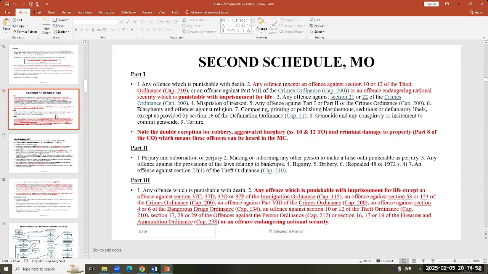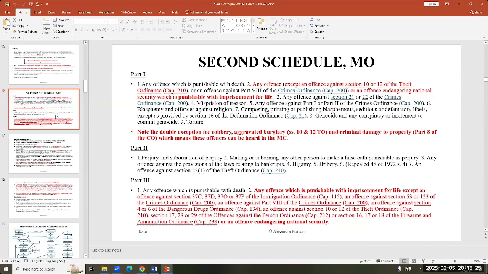Because of the "except", it means that the following indictable offenses, even though the maximum is life imprisonment, can be tried in the district court, right? So you can see here we have some offenses under the Immigration Ordinance. We have section 4 of the Dangerous Drugs Ordinance, which is trafficking. We have section 10, or 12, of the Theft Ordinance. We have section 17, which is wounding with intent, of the Offences Against the Person Ordinance.